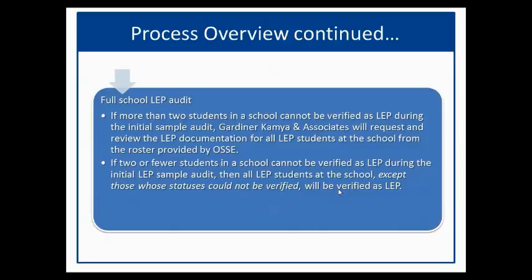This is a full school audit. If 2 or fewer students at the school couldn't be verified as LEP, then all students that were identified as LEP at the school, except those who couldn't be verified, will be approved.